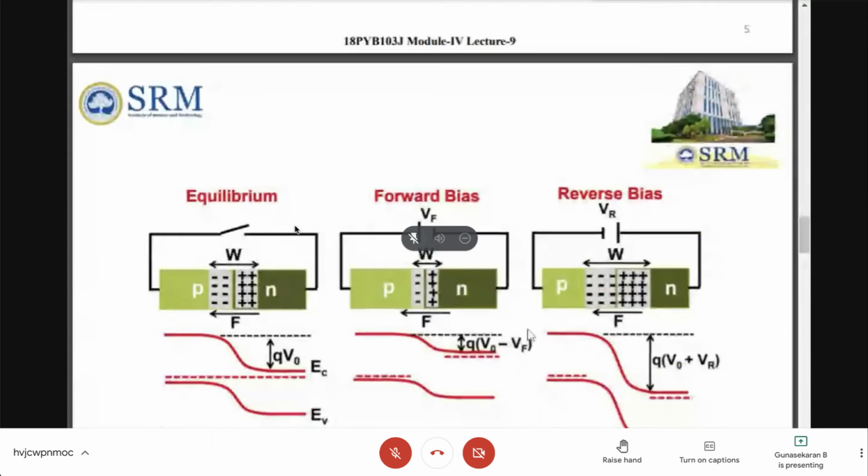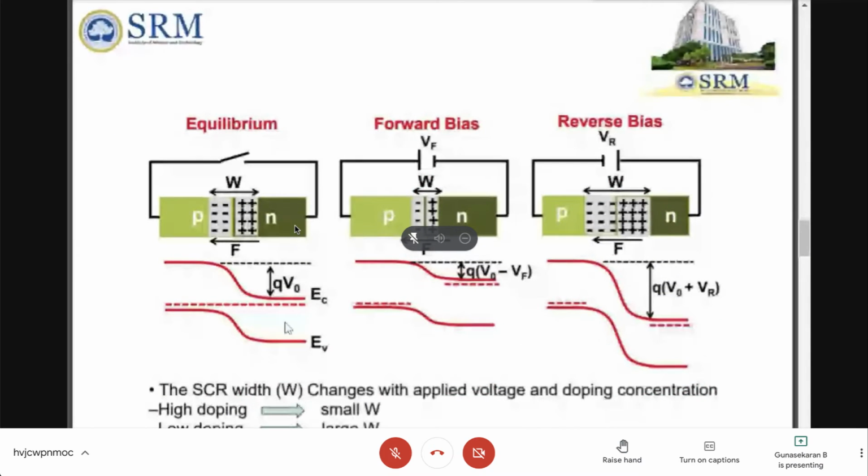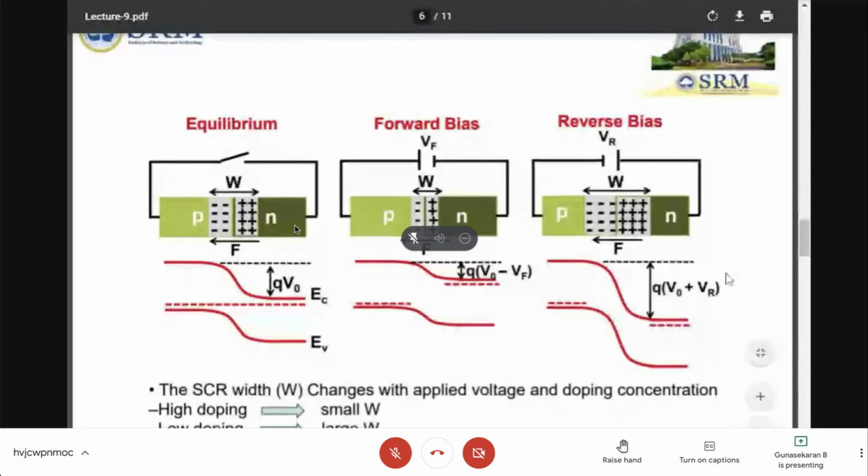See here, the equilibrium condition. This is the normal built-in potential. When the same is connected to forward bias, the width of the depletion region decreases, and at the same time your built-in potential also decreases. When it is connected to reverse bias, the built-in potential goes on increasing. That depends upon Q into V0 plus VR; this is V0 minus VF.